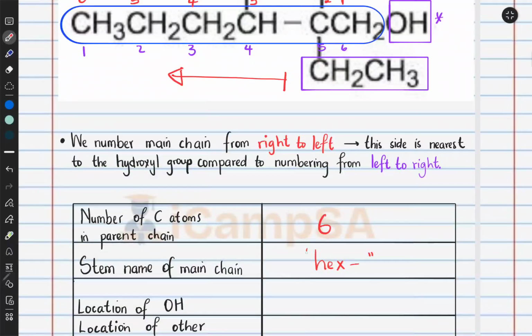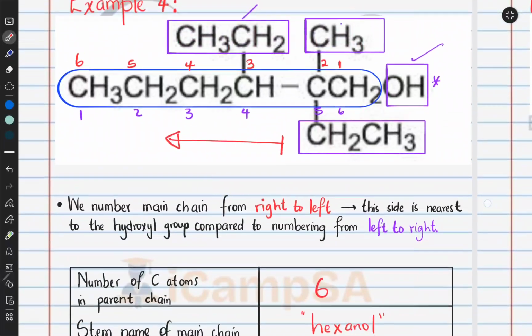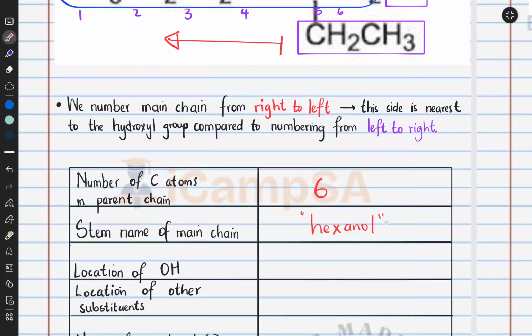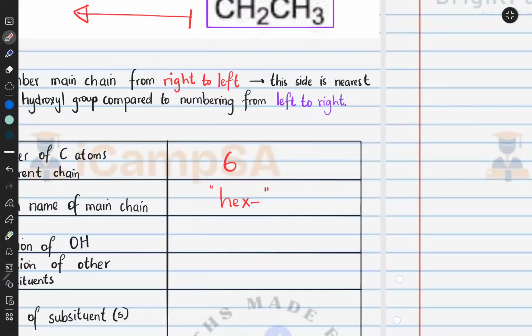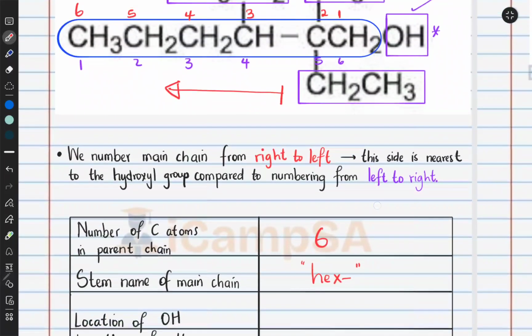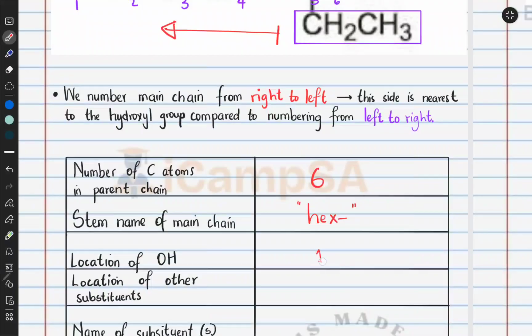So we can simply write hexanol here, because we don't have any other hydroxyl group. We can imagine that as our stem name, because that's what you would write in the final IUPAC name anyway. The location of our hydroxyl group, we said, is carbon atom number 1.